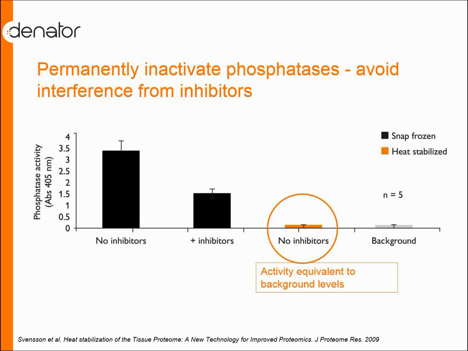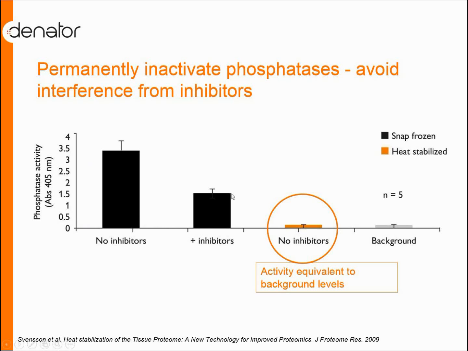Again, this is mice brain extracted in one-time PBS, so we're expecting a lot of activity, and that's what we see here in the left bar, the one with no inhibitors, really high levels of activity.